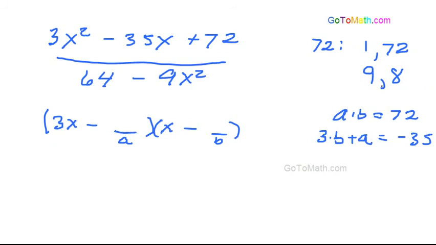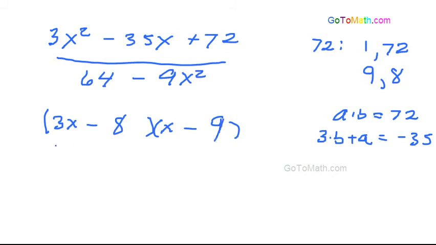So B is, what did I say? B was 9. And A is 8. Right? 3 times 9 is negative 27, minus 8 is negative 35, and then negative 8 times negative 9 is a positive 72. Okay. We'll just consider ourselves getting lucky on that.